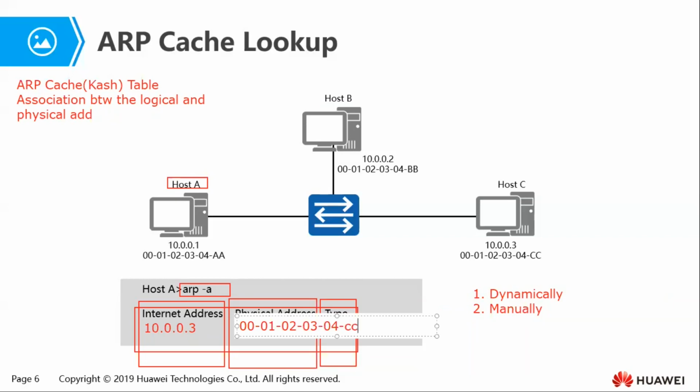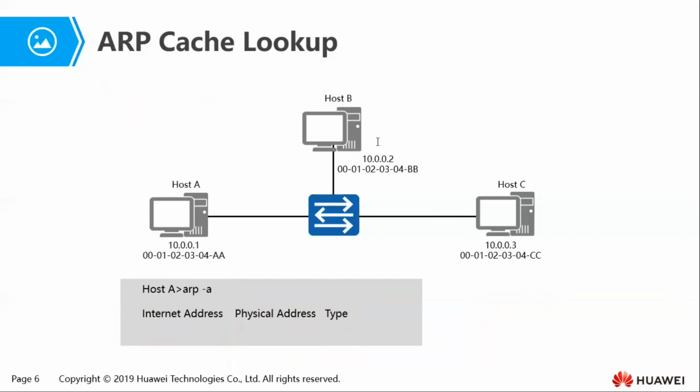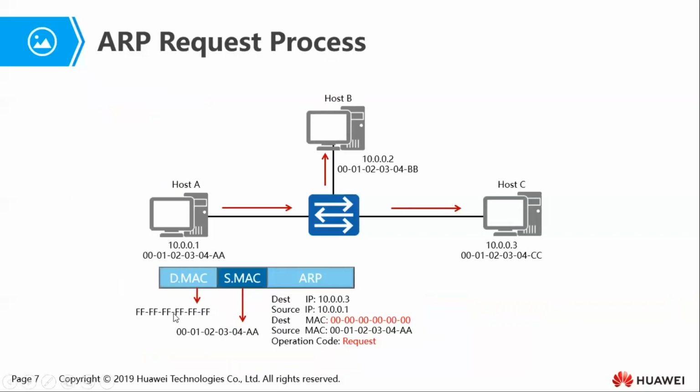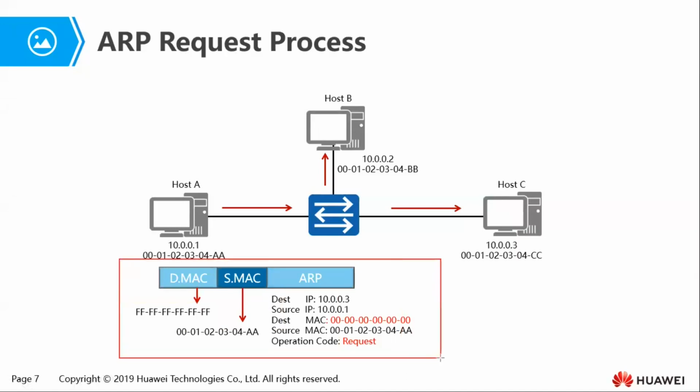So we can configure it manually, or it can learn it dynamically using the protocol. So the first step of the protocol is ARP cache lookup. Then in the next step, it will now create an ARP packet.